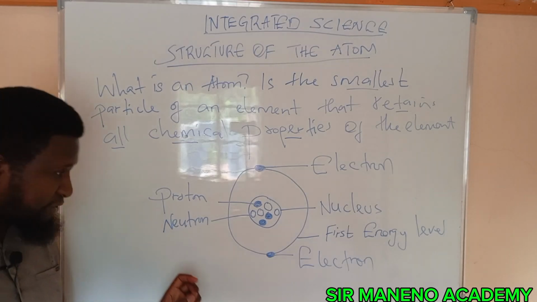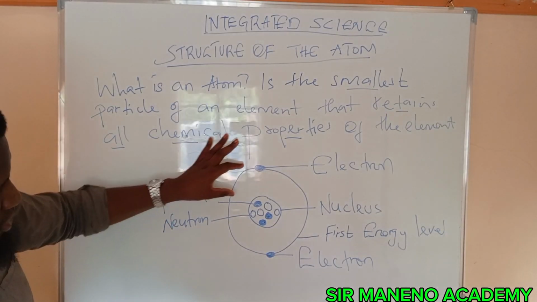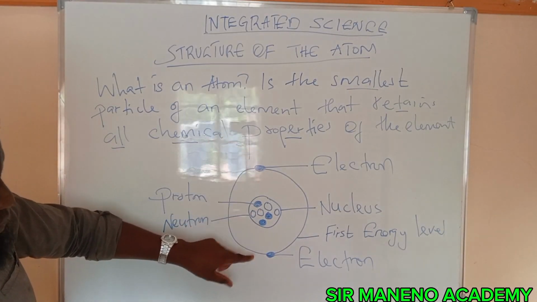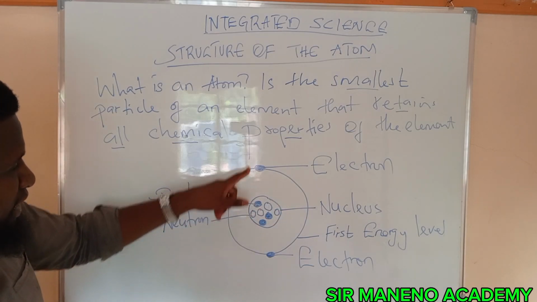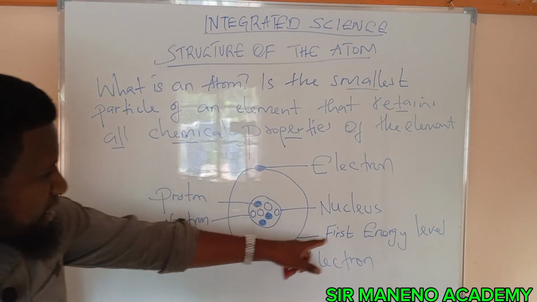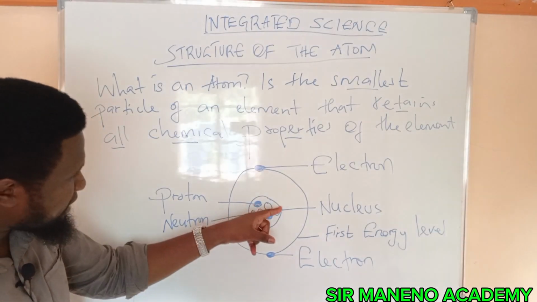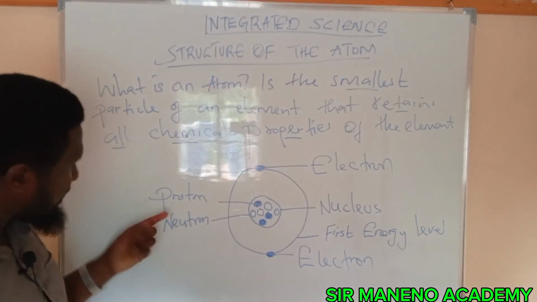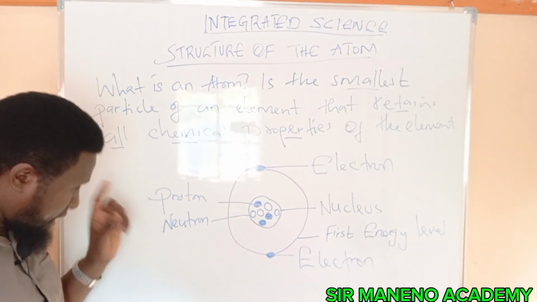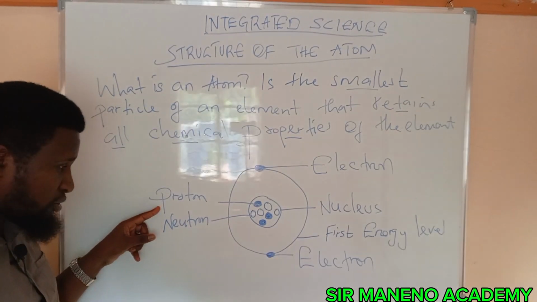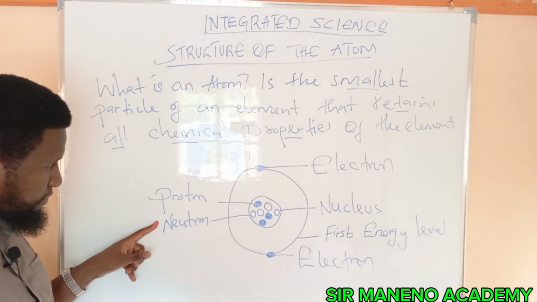So an atom, as I have said, has got two major regions. We call them atomic regions. The first region is the nucleus. The second region is the first energy level. So in the first region, which is the nucleus, it contains subatomic particles, which are two. We have the protons and the neutrons.